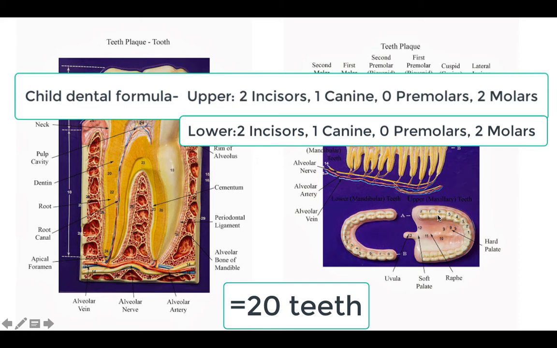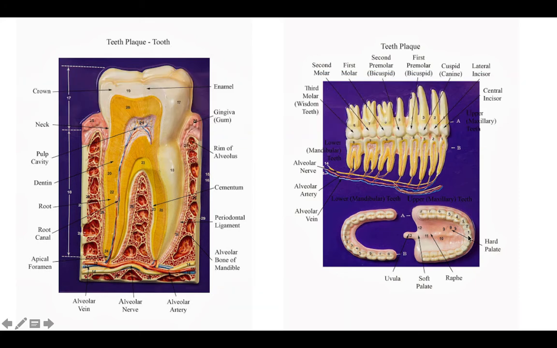When we give you the dental formula, we give you the formula for half of the mouth. We usually do the upper half on top, and then the lower half on bottom, okay? So the dental formula for a child would be 2 incisors, 1 canine, 0 premolars, and 2 molars.